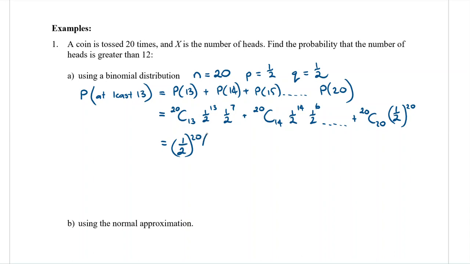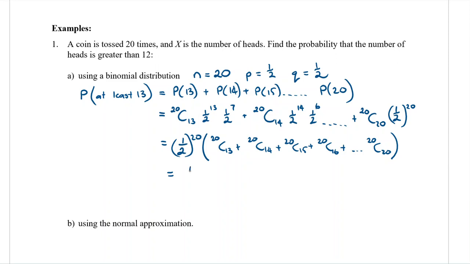So let's put those into a set of brackets. We would have 20C13, 20C14, 20C15, 20C16, all the way up to 20C20, and type that into your calculator. You'd have to do all the ones in between. You won't be able to skip any on your calculator.